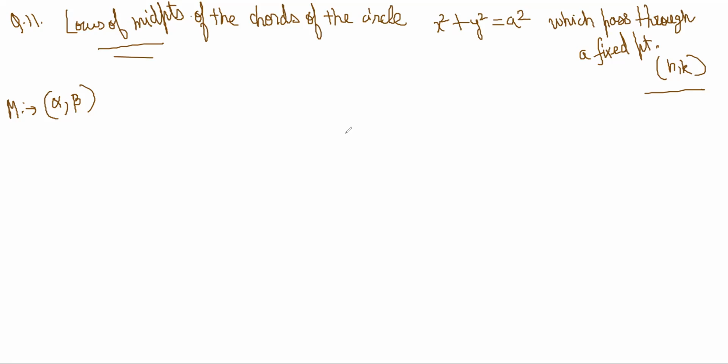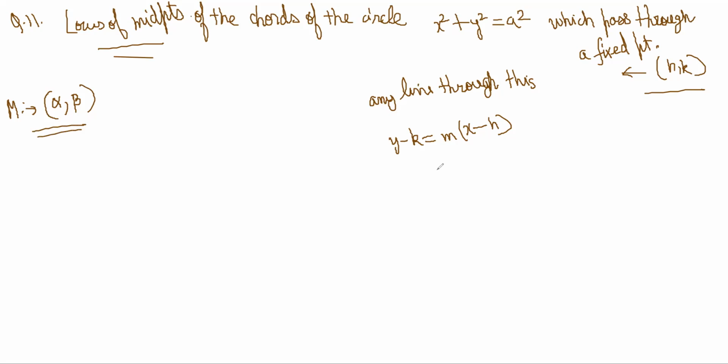So any line through this fixed point, basically any chord, can be written as y minus k is equal to m times x minus h, right? So therefore alpha beta must pass through this. So you should have beta minus k is equal to m times alpha minus h. This is your first equation.